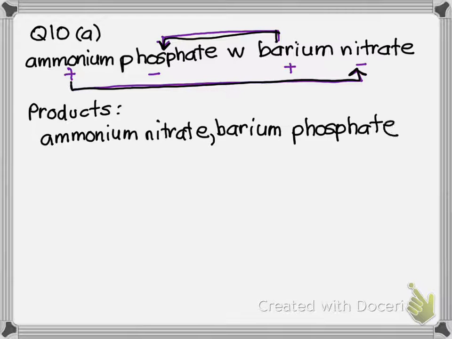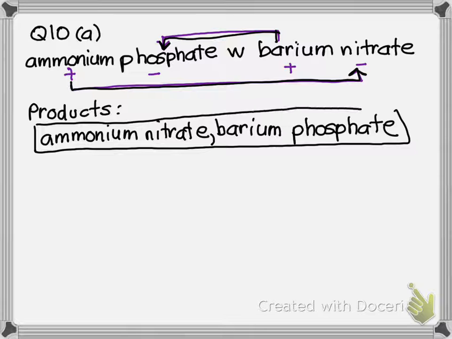And so the first part of these questions just wants you to name the products, and in ionic compounds we can switch the names. Okay, so that's the first part. And then the second part wants you to write the formula equation.